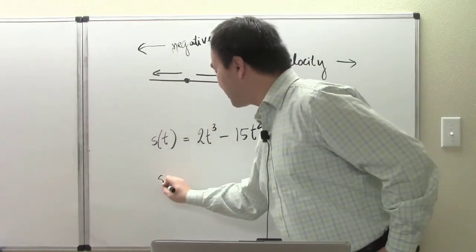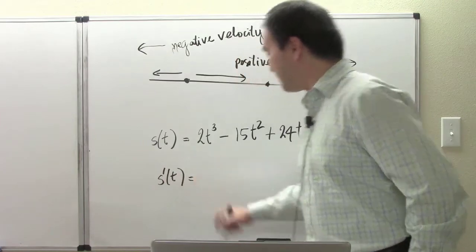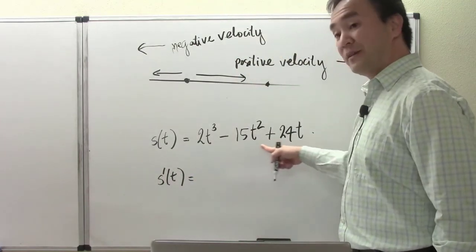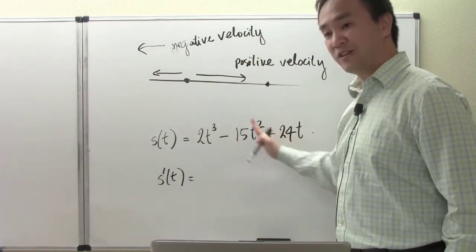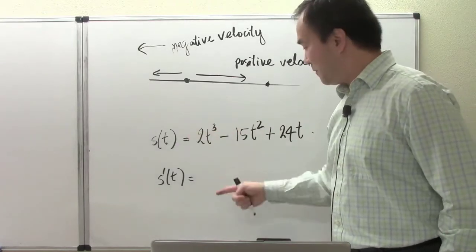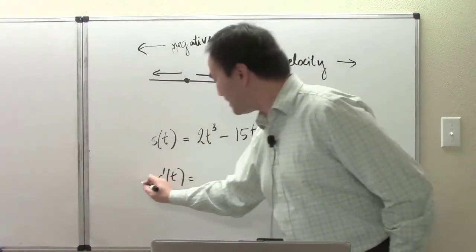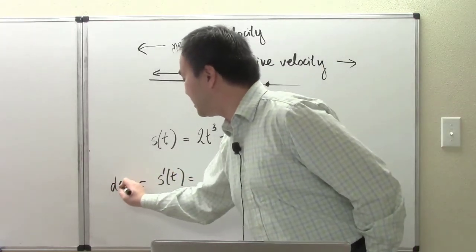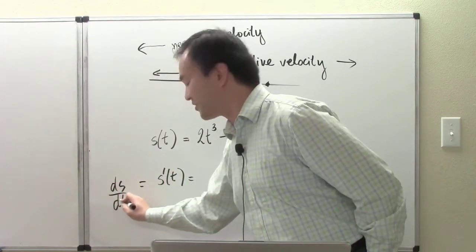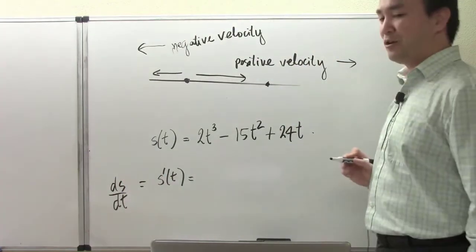So s prime of t is going to be, okay, all the derivative techniques we have learned throughout the quarter, now it's time for that to become useful. First term, taking the derivative, but now in terms of t. Another way of seeing this is ds/dt. S is the function and t is the main variable of the function.